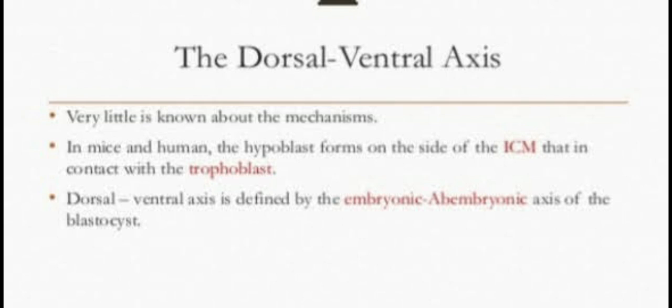So we can say that the side of the inner cell mass that is exposed to the blastocyst fluid will form the ventral axis, while those cells that are in contact with the trophoblast will form the dorsal axis.